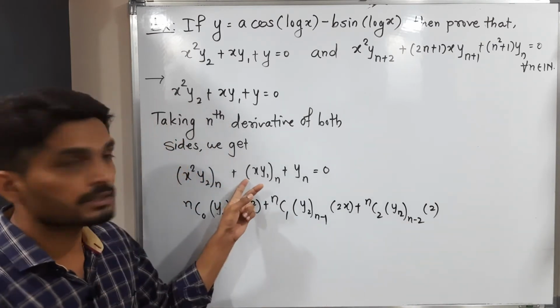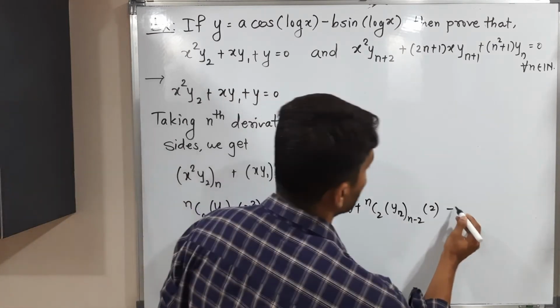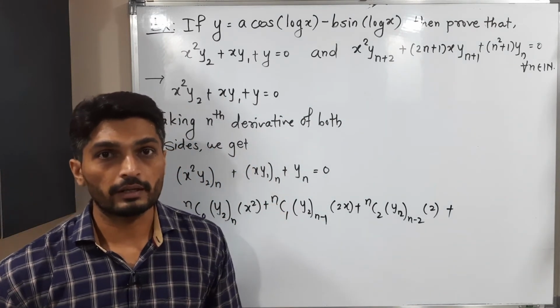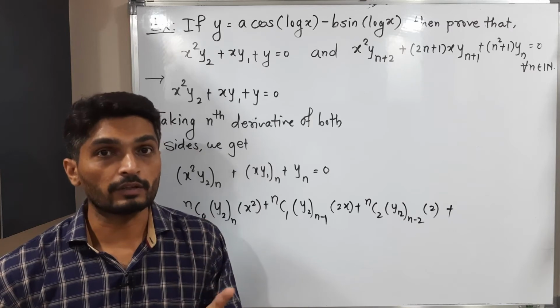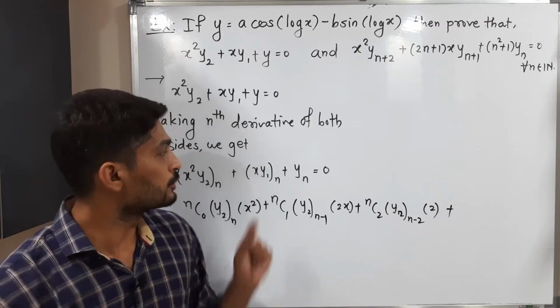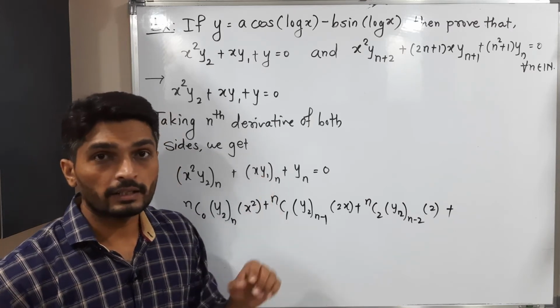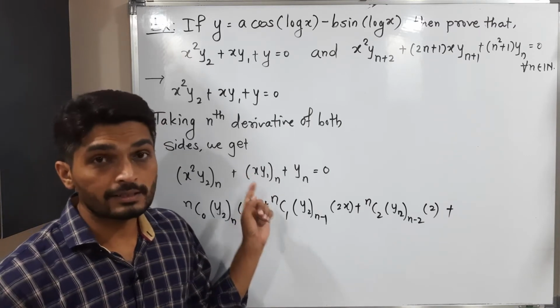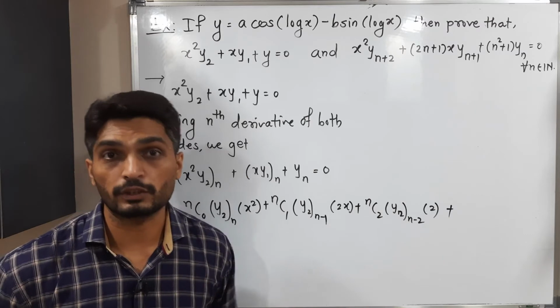So we should move towards the next bracket. Now we apply Leibniz rule for this bracket also. Again, we have to select our u and v. u will be y1, since its nth derivative we can easily find. And v should be x, since the derivative of x will vanish after the final step.